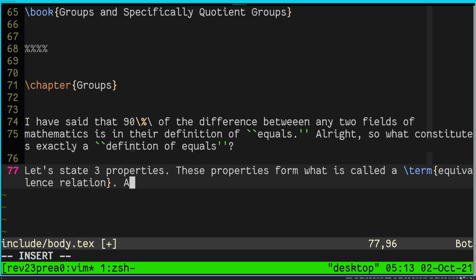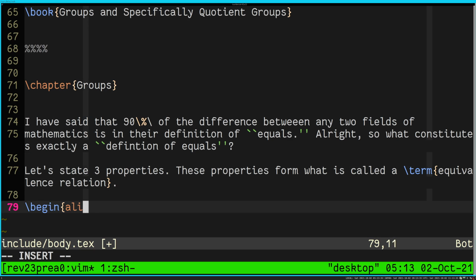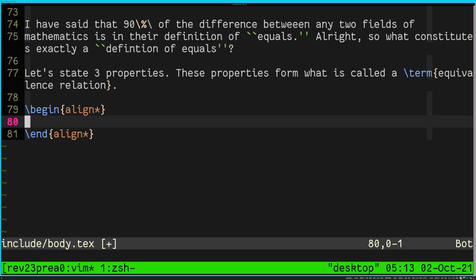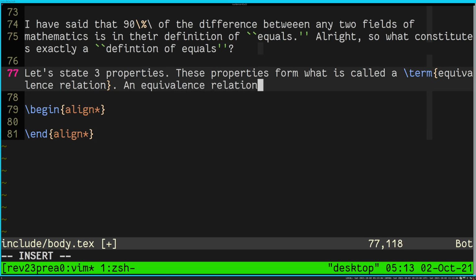An equivalence relation, let's call it R, is one where, let me call it tilde, an infix notation.